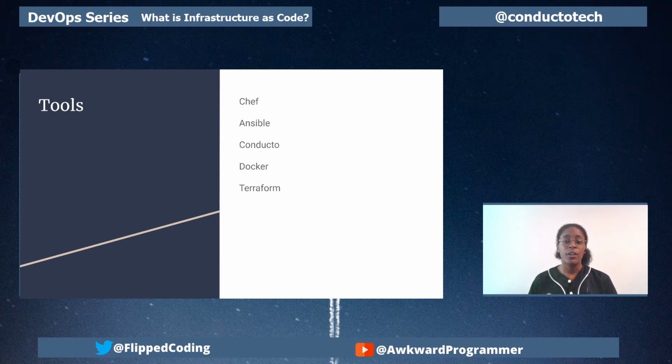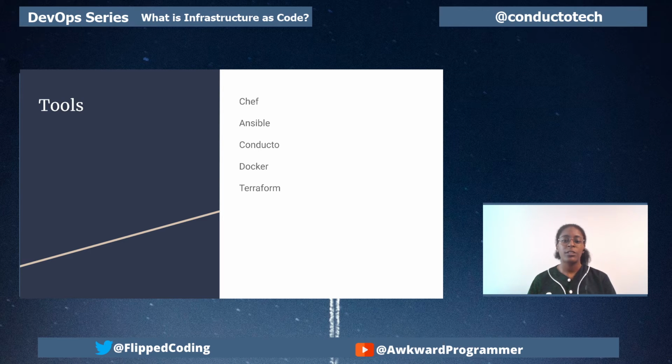There are a number of tools to do this with, and this is a very, very short list of them. So the top two, Chef and Ansible, are more of the heavy hitting infrastructure as code tools. These are the tools that you'll use to actually provision servers and to check on configurations and to make sure that all of your resources are automatically allocated correctly.